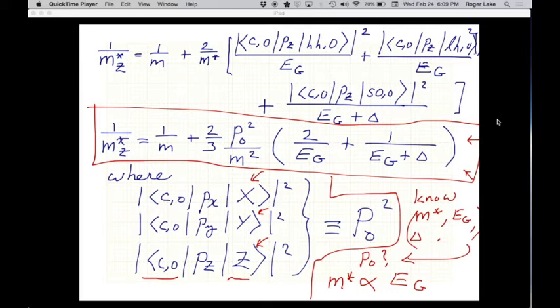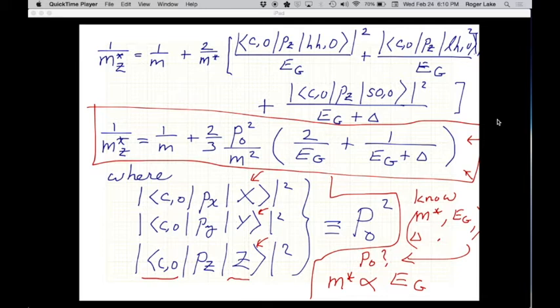P0 is just a matrix element of the orbital composition, which shouldn't change too much. But the band gap can easily double going from indium arsenide to gallium arsenide, or triple or quadruple, whatever.